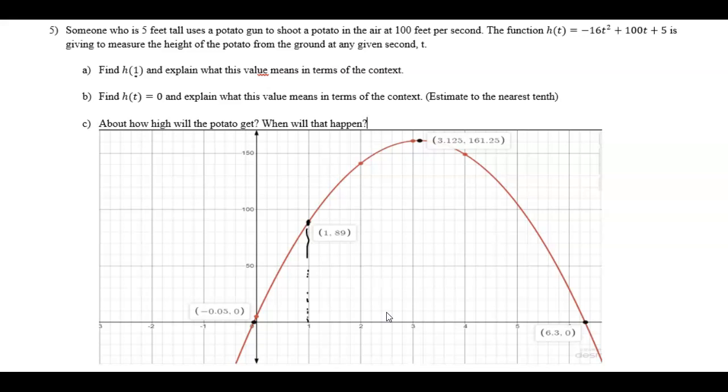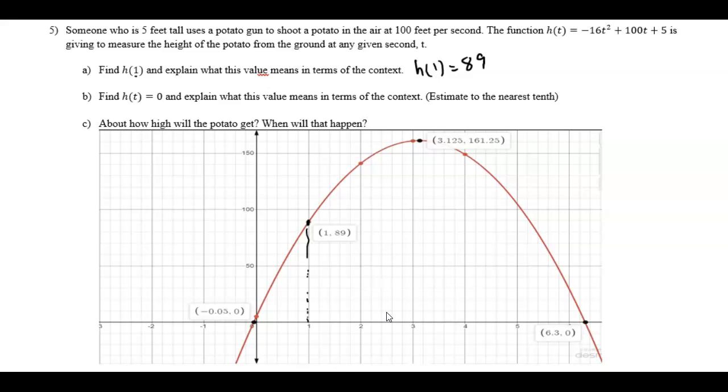So at 1 second, that potato will be 89 feet from the ground. We can say h of 1 is equal to 89. Again, after 1 second, that potato will be 89 feet from the ground.